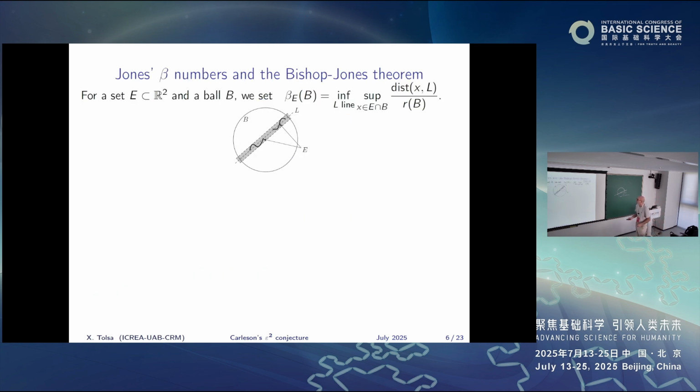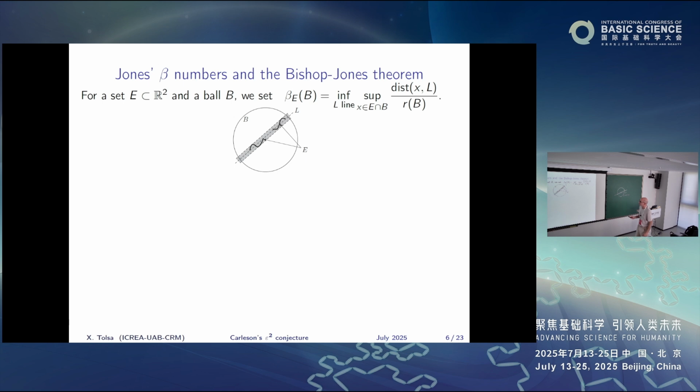So in this slide, I introduce new coefficients that are useful to solve the easy direction of Carleson's conjecture.